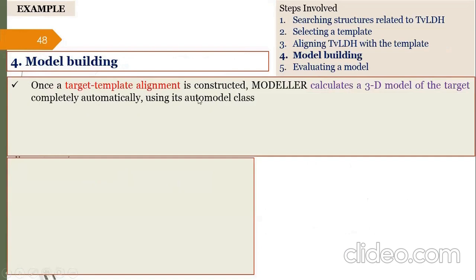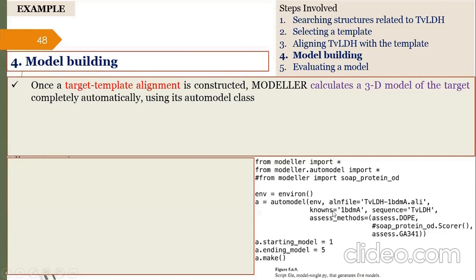Once a target-template alignment is constructed, Modeler calculates a 3D model of the target completely automatically using the automodel class. So now this script is important.